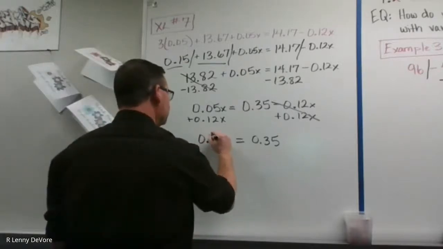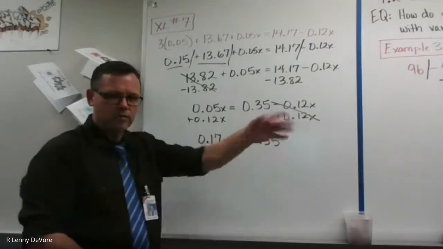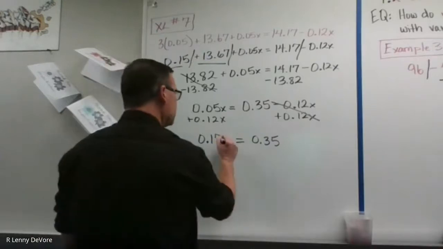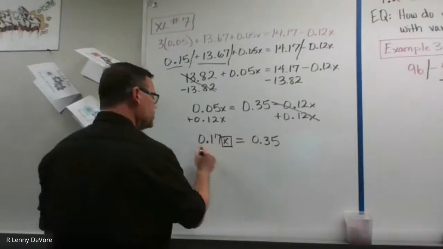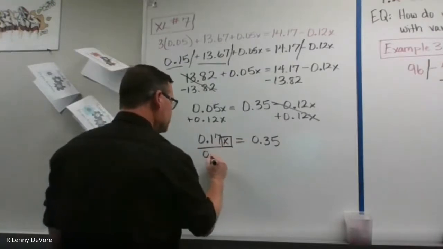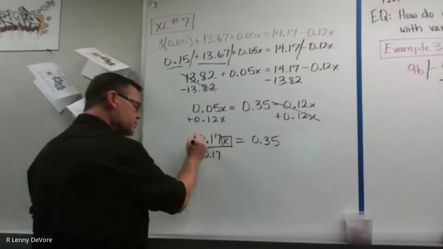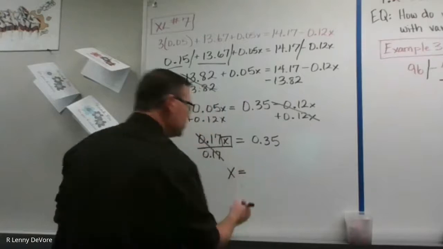0 and 1700ths x. Now, just like the last problem, when I go through this, I still have to isolate x. I need to find out what x is worth. So x is by itself. That means this is multiplication. I'm going to divide 0 and 1700ths. 0 and 1700ths divided by 0 and 1700ths is 1. It's gone. X is the only thing left over here, okay?